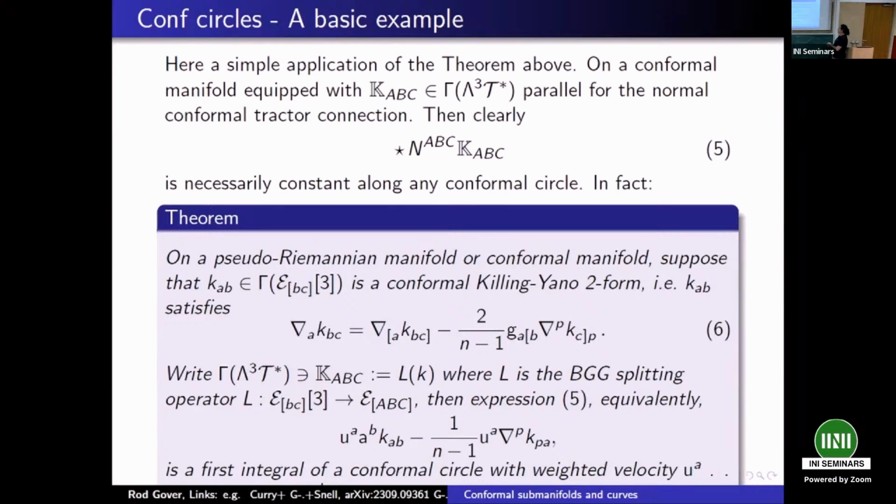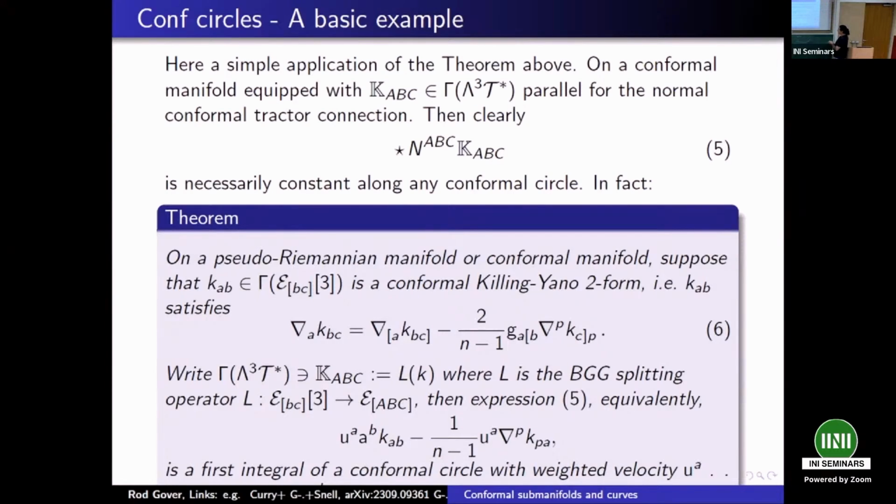The prolongation of that arises by using one of these BGG splitting operators. It takes one of these tensors of that weight and turns it into a 3 tractor. It's a differential operator that's a splitting operator, in other words, it has an algebraic inverse. And that's what you contract into this parallel object along the curve.